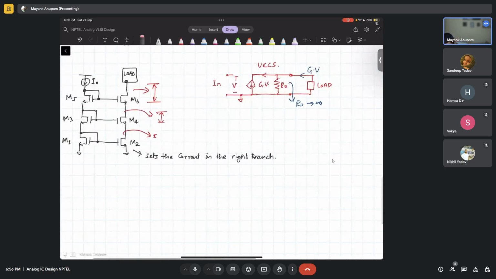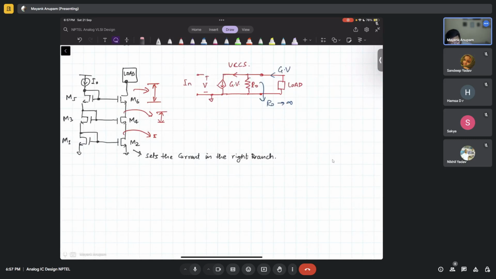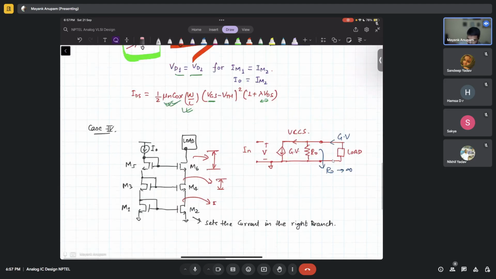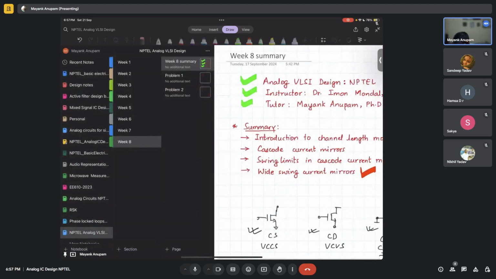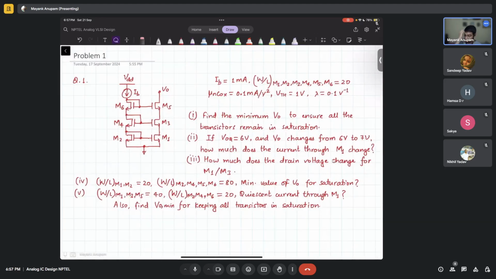Now, these are different ways to look at the problem itself. Anyway, this is what I wanted to talk about. Now that this is clear, let's quickly look into the problem at hand. This is the problem that was given to you in the assignment, right? Did you guys have any problem attempting the question?